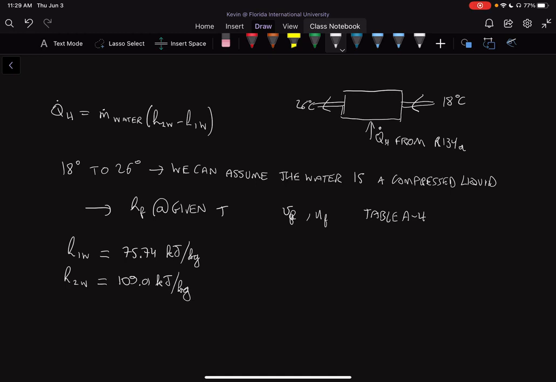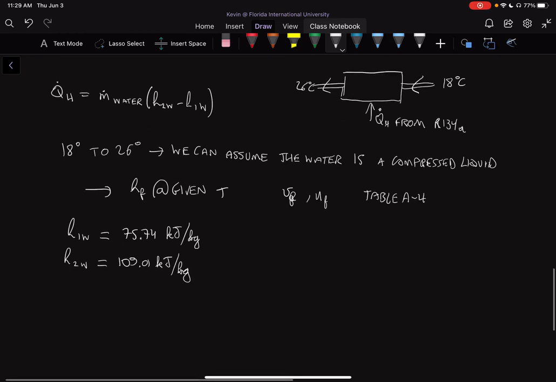Okay, now once we have that, we can find our Q dot H. Our Q dot H is going to be important for the rest of the problem, and also to find the mass flow rate of our R134A.